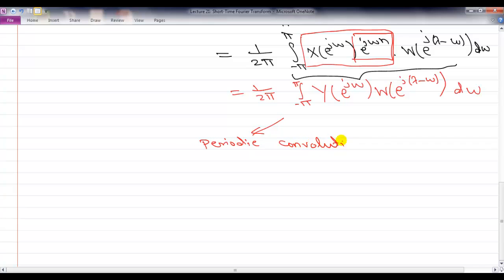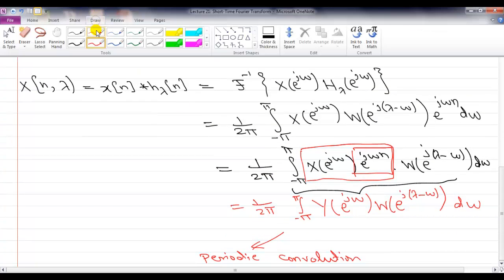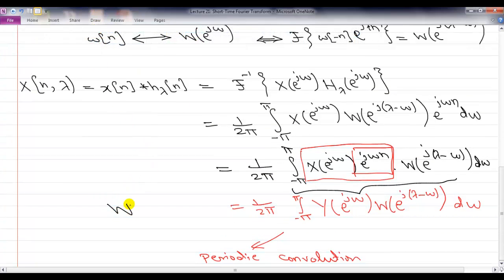And when we did the spectral analysis using the DFT, we did this periodic convolution expression, right? We talked about what is the effect of windowing on the spectral resolution. Right now our focus is, we are interested in finding out what happens to the resolution in frequency. My n is fixed.